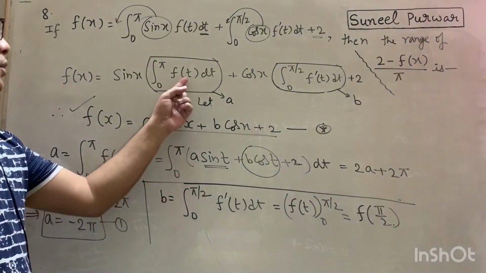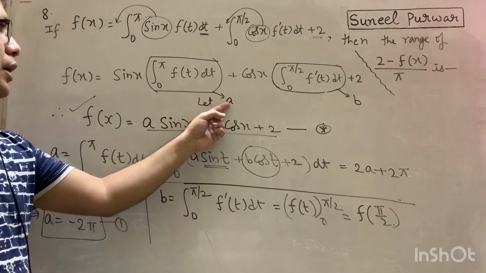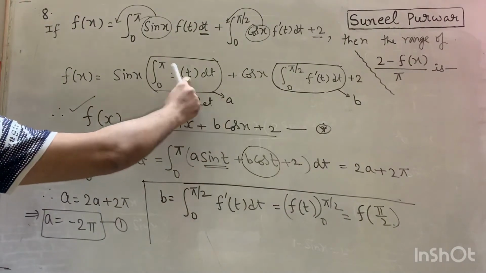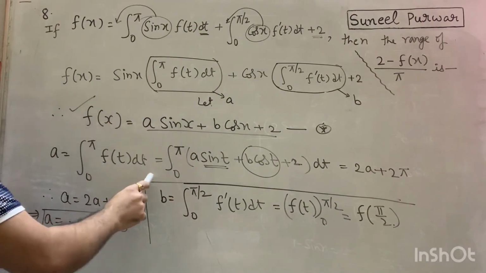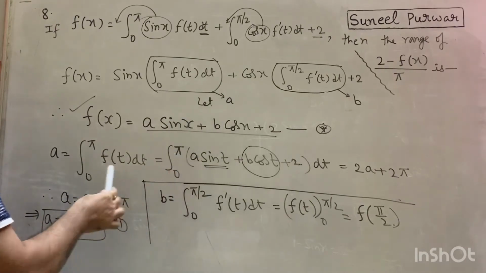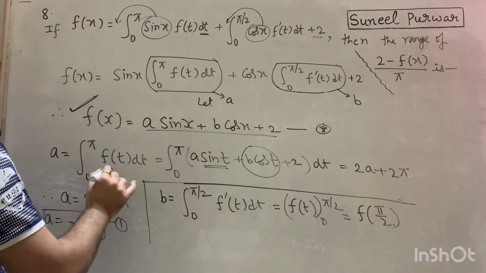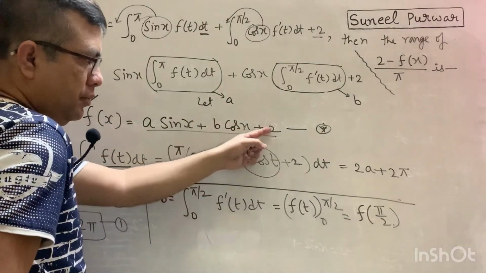So this integral was called a. Write that a equals the integral from 0 to pi of f of t dt. So from 0 to pi, this was your f of x. Now if this is your f of x, what will be f of t? A sin t plus b cos t plus 2.